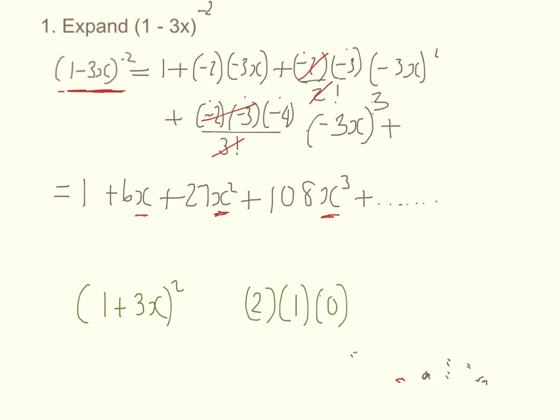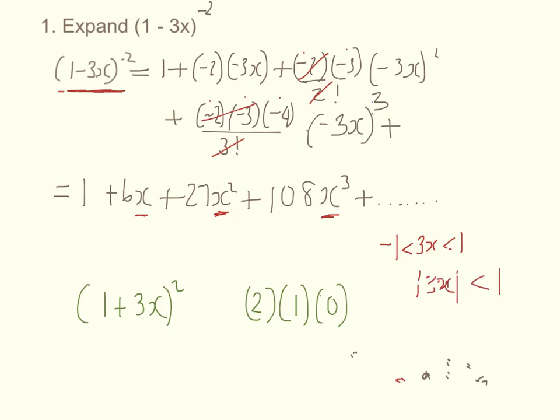And in order to get these terms smaller, the thing that we're squaring and cubing and so on needs to be between 1 and minus 1. So in this case, the 3x needs to be between 1 and minus 1, and we can write that as the modulus of 3x is less than 1.